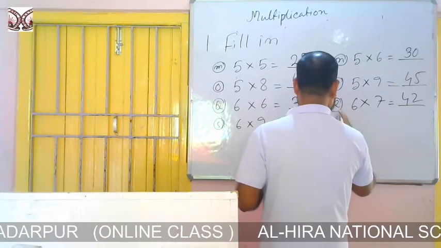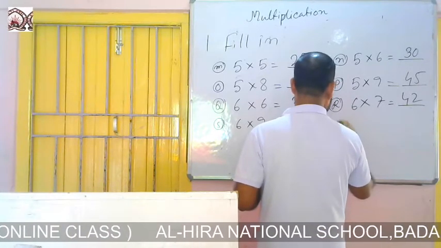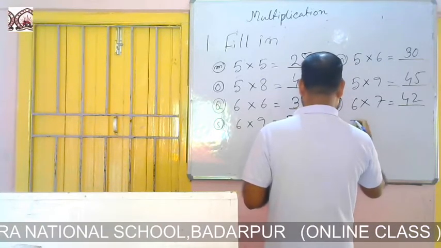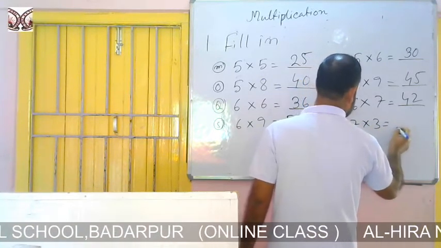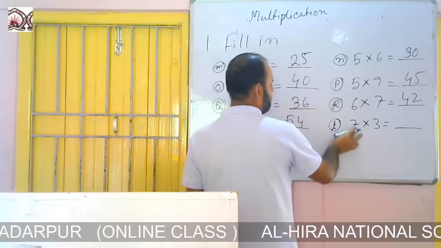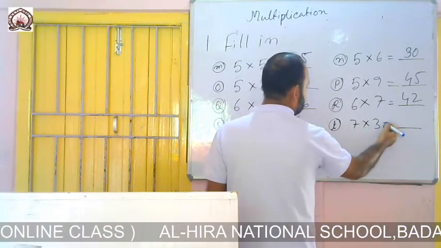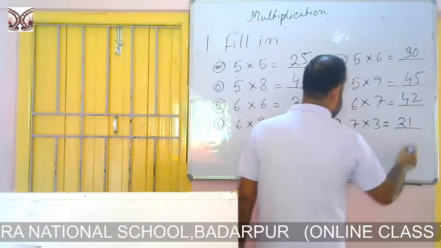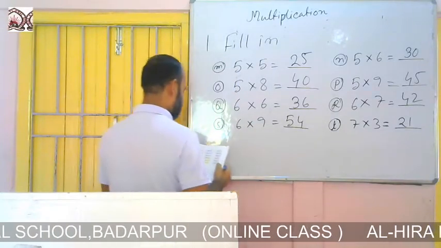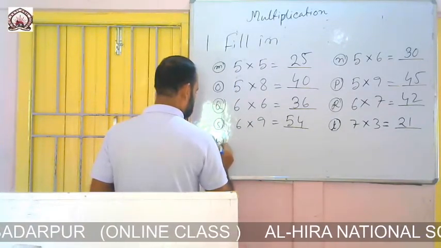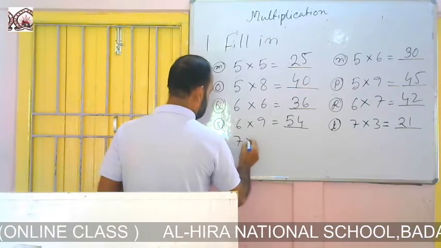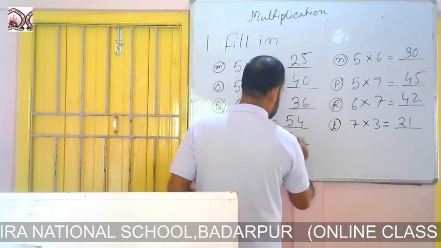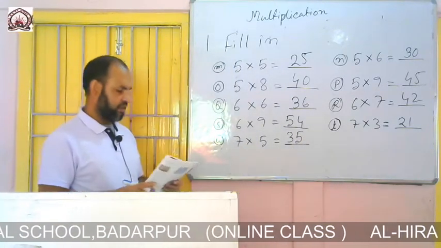Next, T, 7 3s are. If you count table number 7 up to 3 times, so 7 3s are 21. 7 5s are 35.